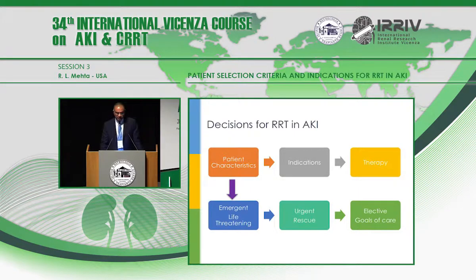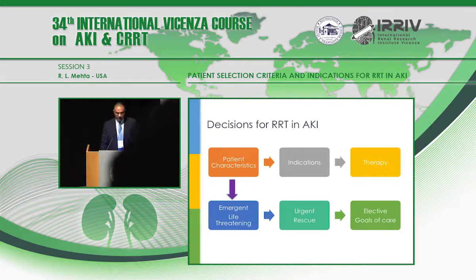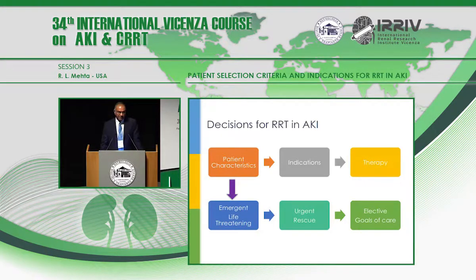So just to put this back in perspective, you're looking at patient characteristics, indications, and therapy, and usually what we are doing is starting very quickly if there is an emergent or life-threatening situation. But more often than not, we are offering CRRT or IHD or any form of RRT mostly as an urgent or a rescue therapy, depending upon how quickly you are called if you're a nephrologist, or how quickly you are able to mobilize things if you're an intensivist.